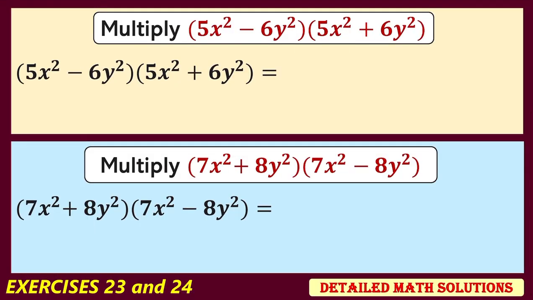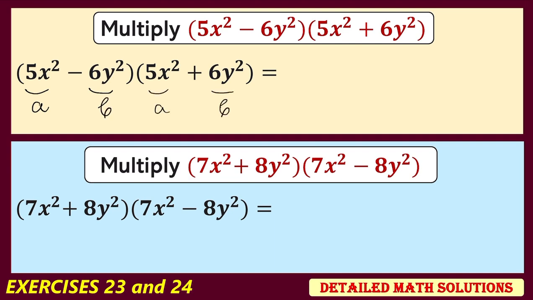Multiply 5x squared minus 6y squared in parentheses and 5x squared plus 6y squared in parentheses. Like the previous exercises, I'm going to apply the special product formula for sum and difference of the same terms. 5x squared will correspond to the a in the formula, and 6y squared will correspond to the b in the formula.